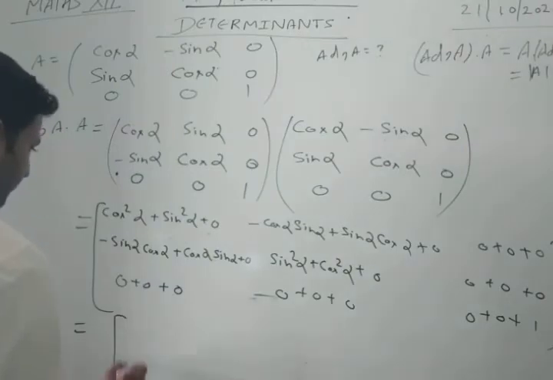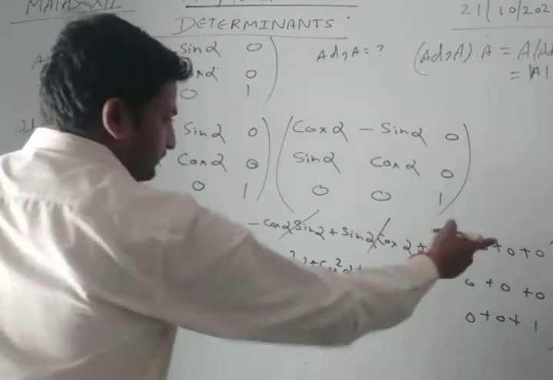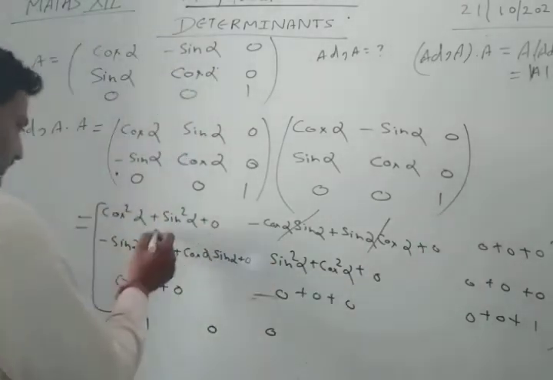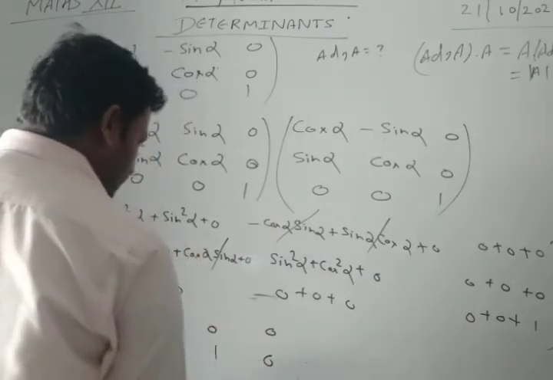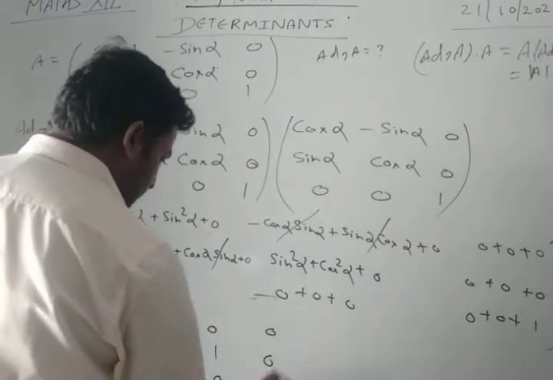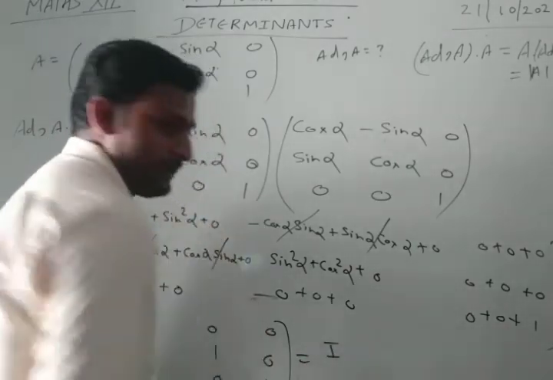So what are we getting? We are getting 1, and this will be cancelled so we get 0, and here 0. It will be again cancelled, 0. It is 1, 0, 0, 0, 1. So we are getting the identity.